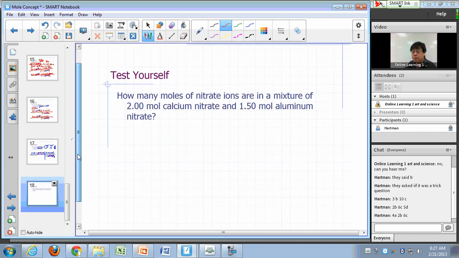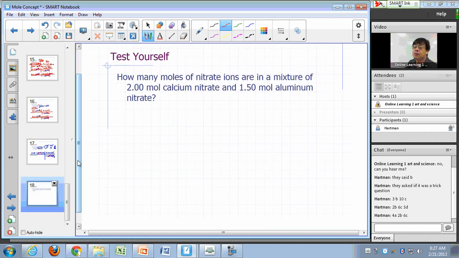And finally, here's a challenge. How many moles of nitrate ions in a mixture that has 2 moles of calcium nitrate and 1.5 moles of aluminum nitrate? So you kind of have to know what the formulas are. What's the formula for calcium nitrate?